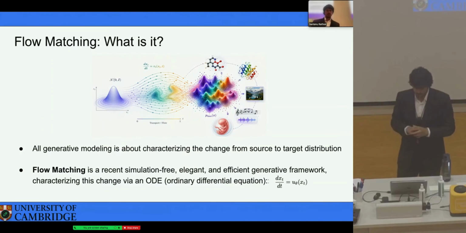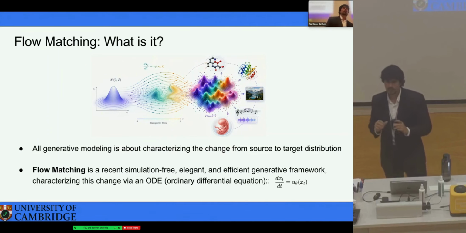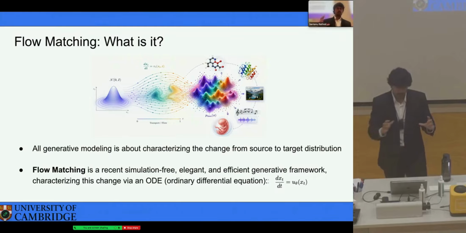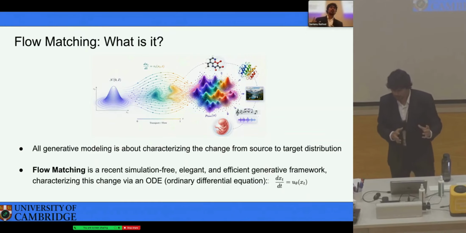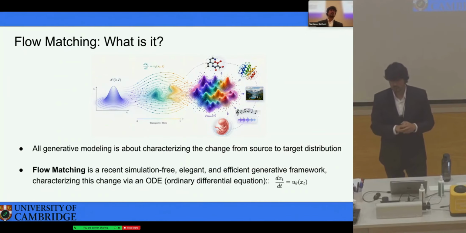What is it doing? Like we saw last time, flow matching is basically characterizing the rate of change of a random variable that starts from an initial tractable distribution, can be Gaussian, can be anything, and eventually by characterizing how you take this random variable and apply a set of continuous transformations such that in the end it ends up at a complicated distribution that represents your real world data.